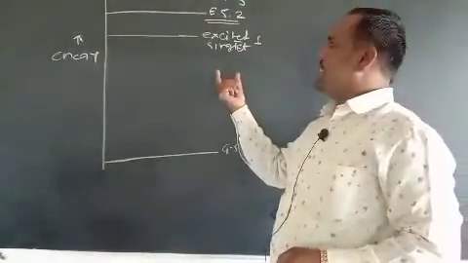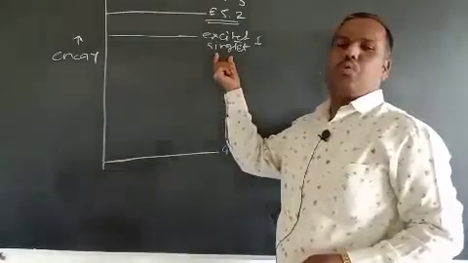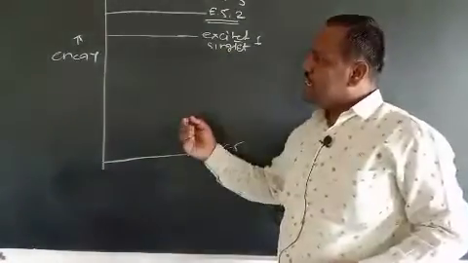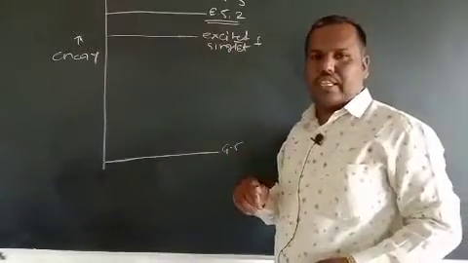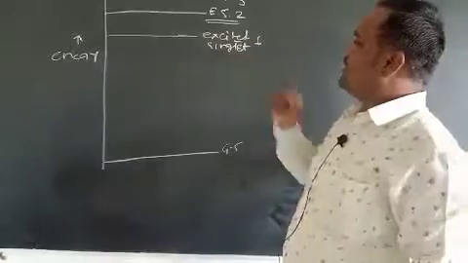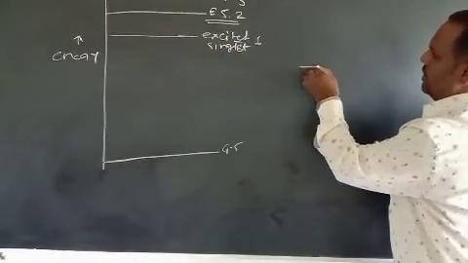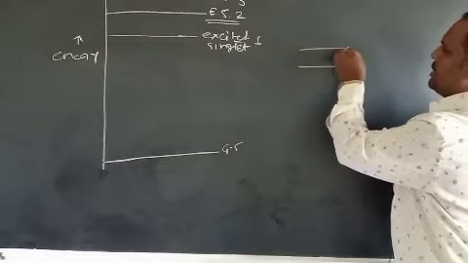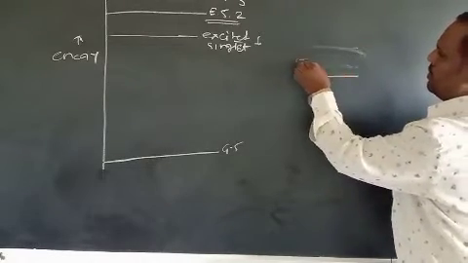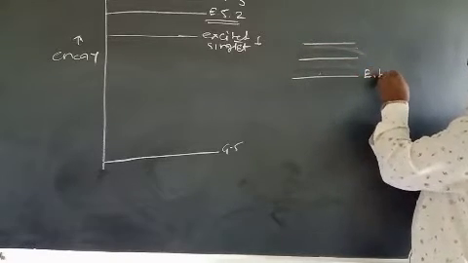Because the multiplicity, that is 2s plus 1, is equal to 1. By absorption of light radiation the electron goes into the higher energy state, but there is no change in the spin of the electron, therefore it is an excited singlet state. Here the excited triplet state is also there.